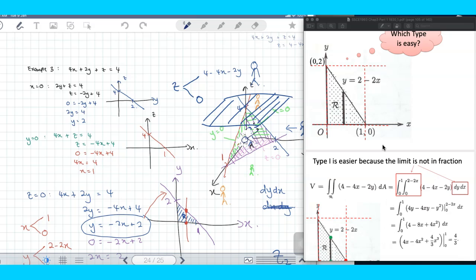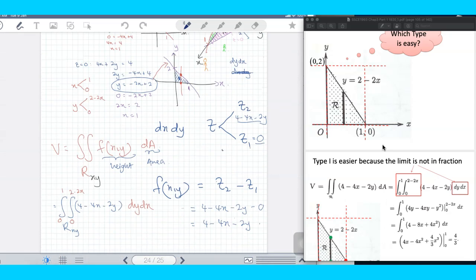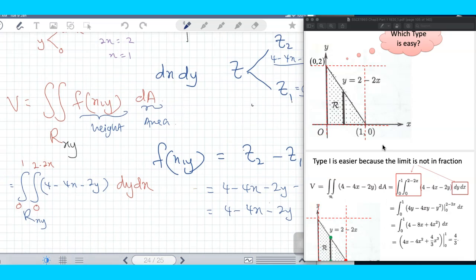Okay, so your region now is on ZY. Just for practice, your function is in terms of YZ, so your dA is also in terms of YZ, because your R is now on the YZ plane.